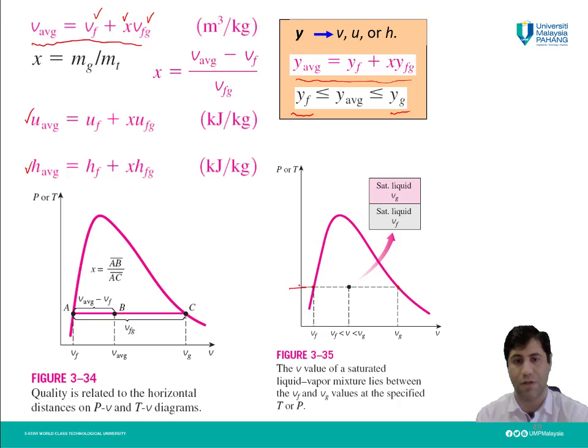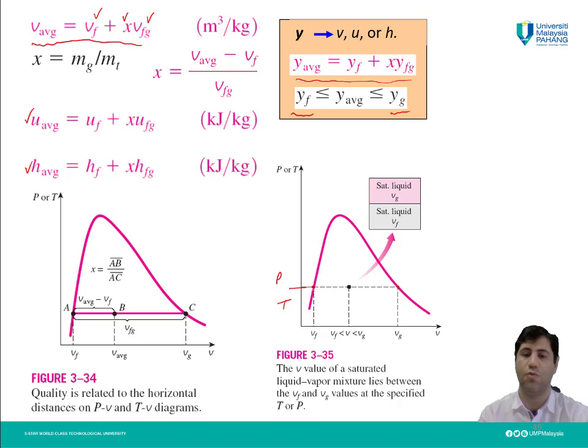For example, this is a constant pressure or a constant temperature line on a P-V diagram or T-V diagram. Then we have Vf, we have Vg, but we don't know the specific volume V in this region. It depends on the place of this state. The closer it is to Vg, the closer the value will be to Vg.